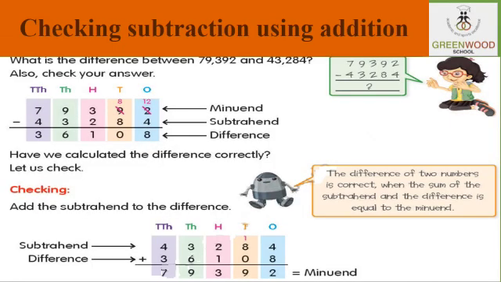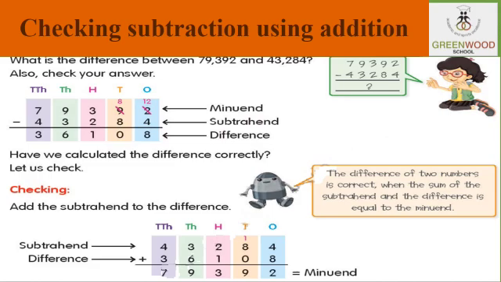Our next topic is checking subtraction using addition. What is the difference between 79,392 and 43,284? Also check your answer. First we'll subtract these two numbers. First subtract the ones. 2 minus 4. 2 is small number, so borrow from tens.